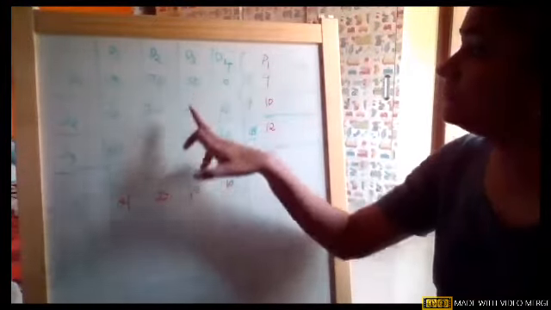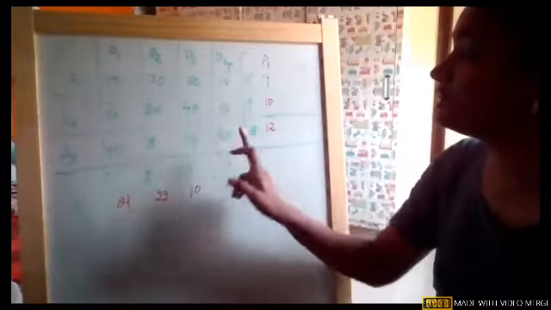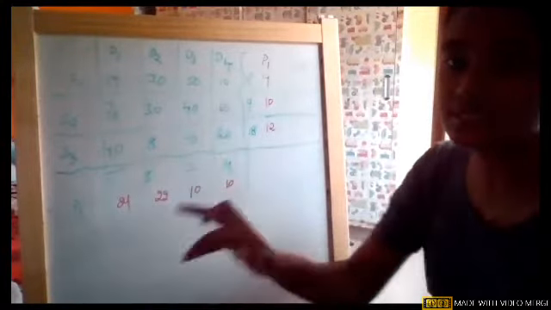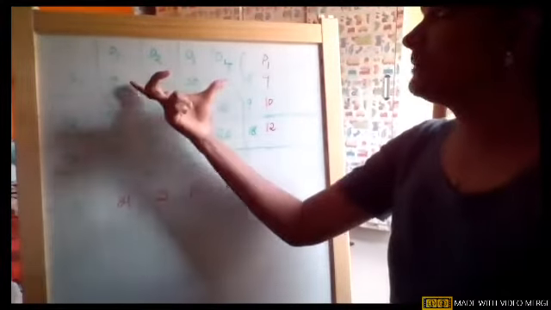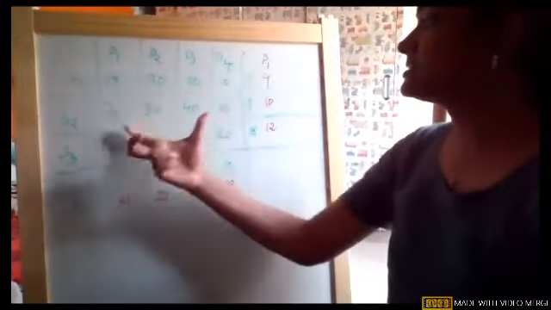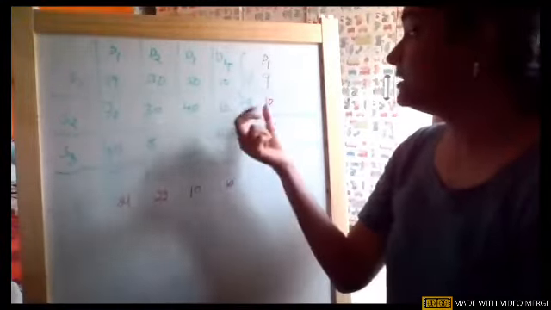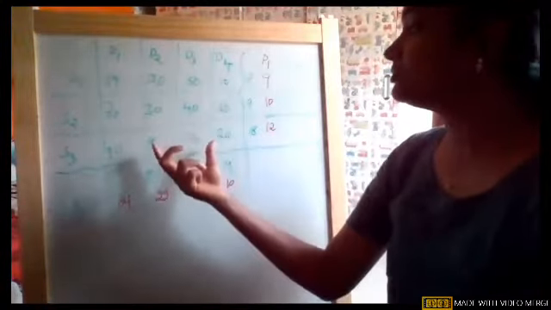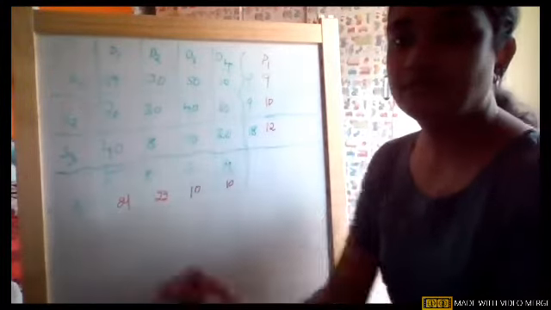In the next column, the lowest two values are 50 and 40. The difference is 10. In the fourth column, the lowest two values are 10 and 20. The difference is 10. Similarly, when I go row wise, in the first row, the lowest two values are 19 and 10. The difference is 9. In the second row, the lowest two values are 30 and 40. The difference is 10. And in the third row, the lowest two values are 8 and 20. The difference is 12.